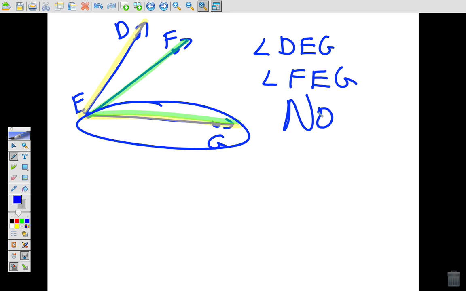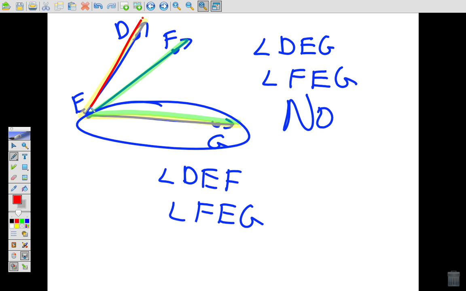If I asked you to give me two adjacent angles, what would they be? How about angle DEF and angle FEG? Now in this case, I'm going to use different shades here. Angle DEF is right here in red.